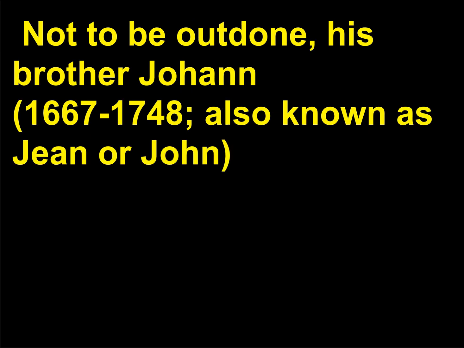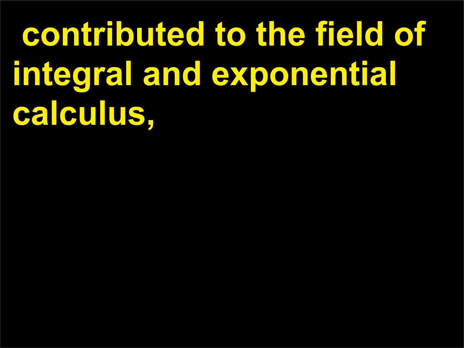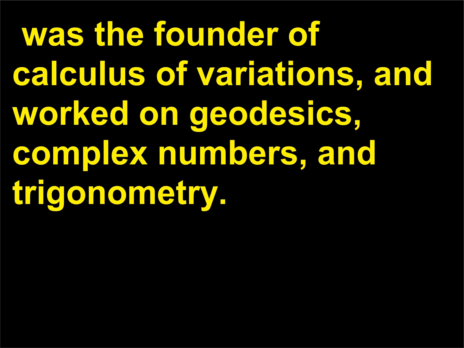Not to be outdone, his brother Johann, 1667 to 1748, also known as Jean or John, contributed to the field of integral and exponential calculus, was the founder of calculus of variations, and worked on geodesics, complex numbers, and trigonometry.